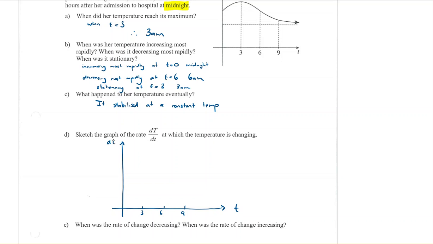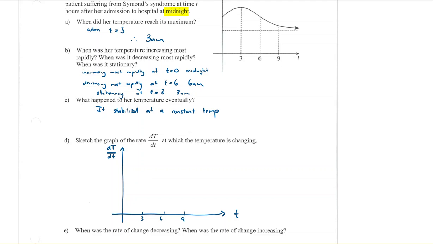This is going to be dT over dt, the rate that we're sketching. We know that the rate is 0 where? At 3. Wherever there is a turning point, which is this point here, it's going to be going through 0. I'm going to change colour so you can see it better. It's going to be going through 0 on the rate graph.